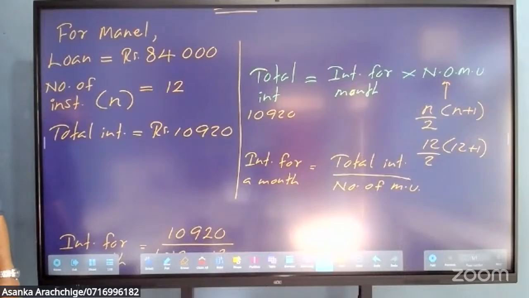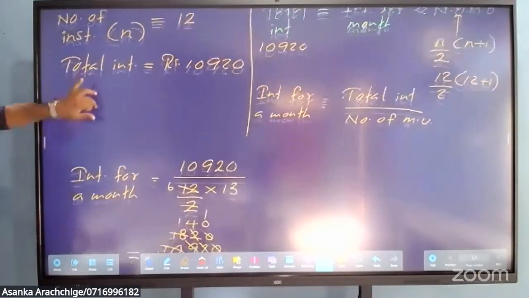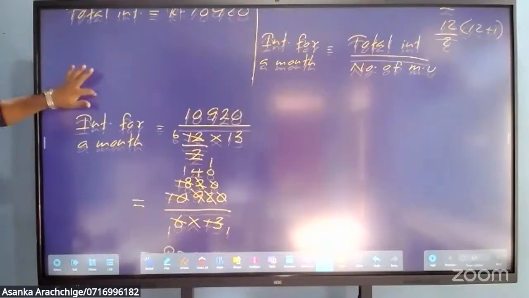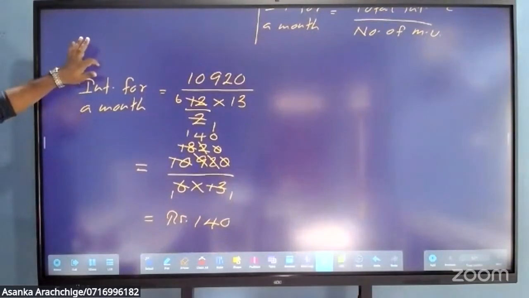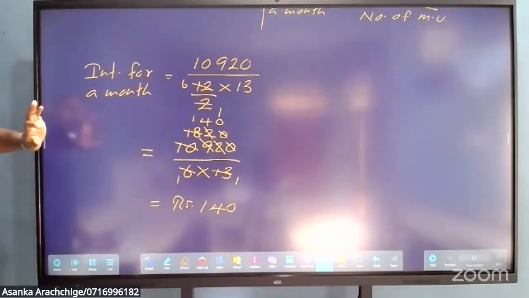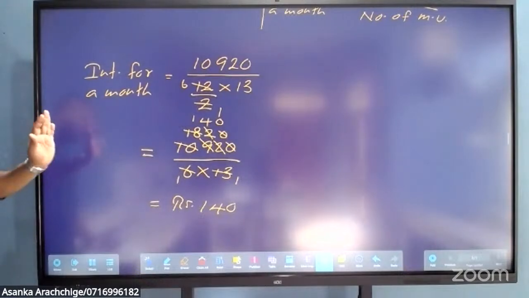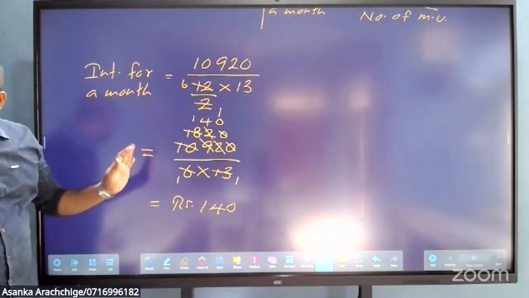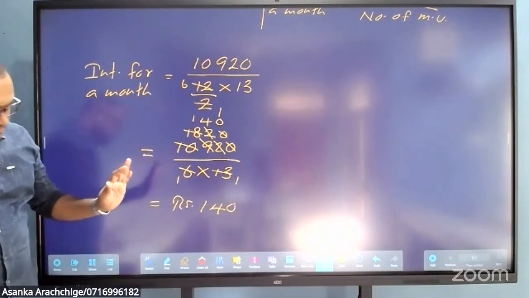Total interest is equal to interest for a month times number of month units. Then we get this step and find the interest for a month. Right? Now we are going to find the annual rate of interest.